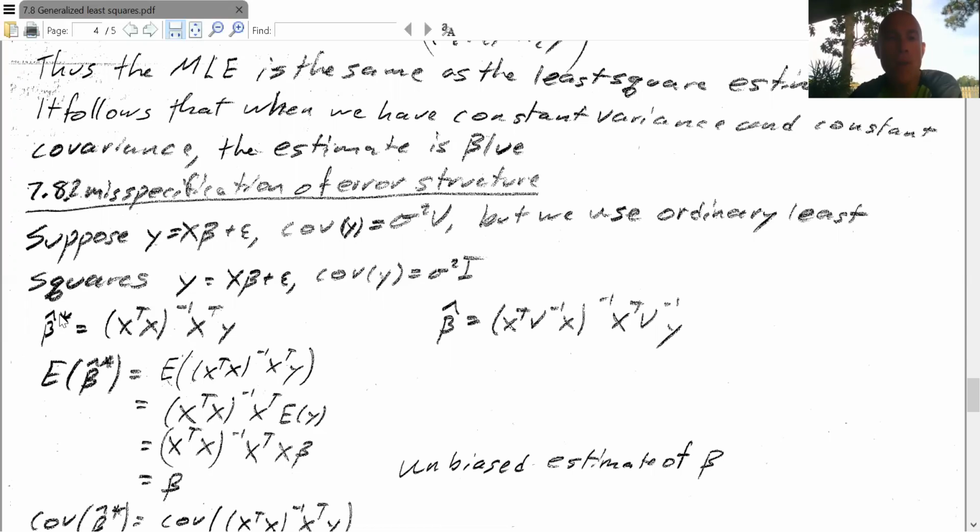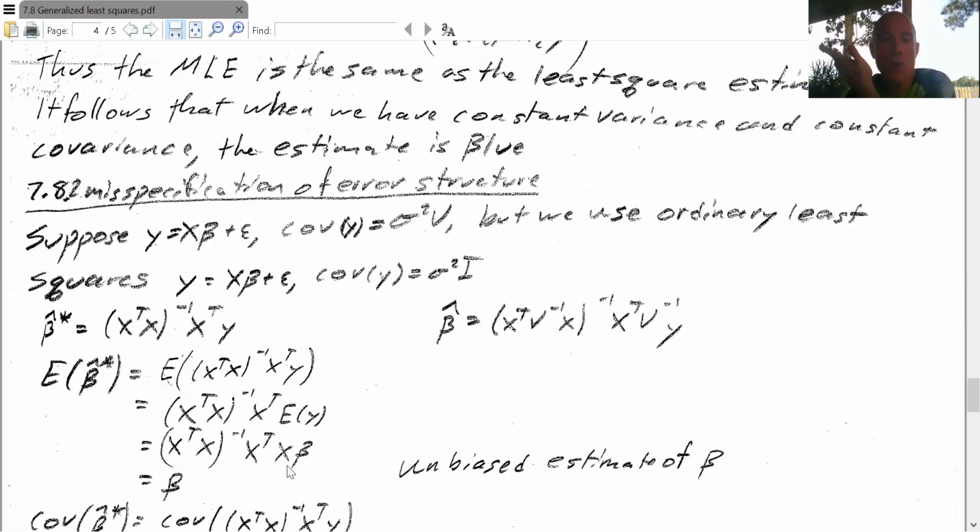Well, I'm going to say that beta hat star is the bad estimate of the coefficients. It's not a horrible estimate, but it is less than optimal. I'm going to let beta hat be the optimal estimate. Let's take the expected value of beta hat star. The x's are constants, so this is the constants times the expected value of y, which is x times beta.